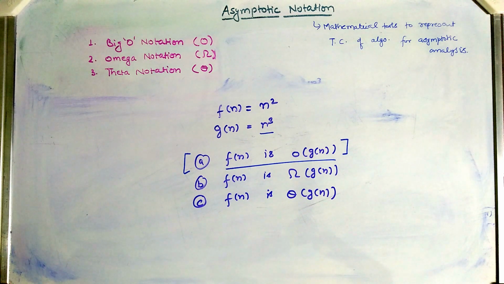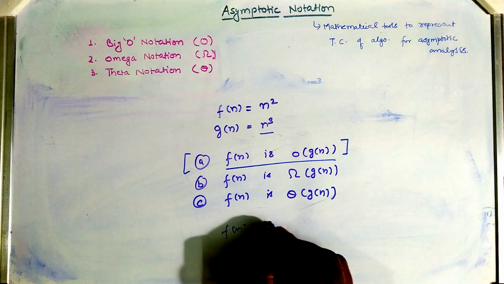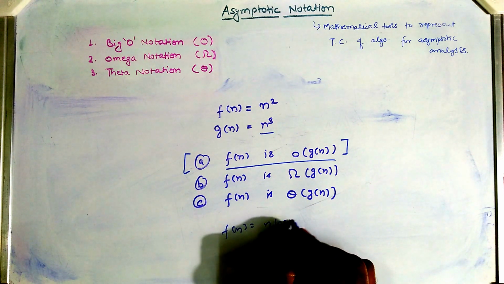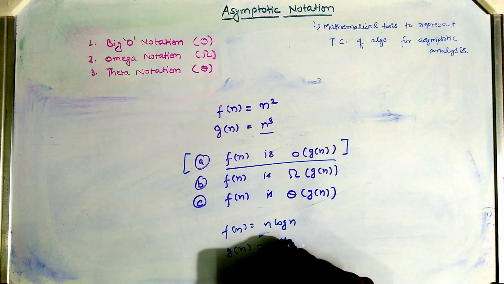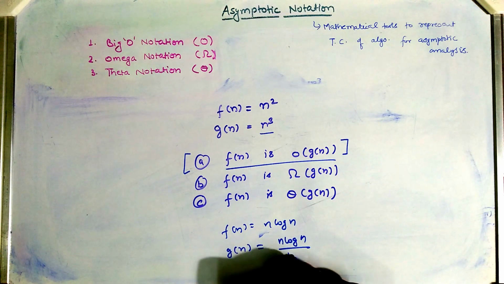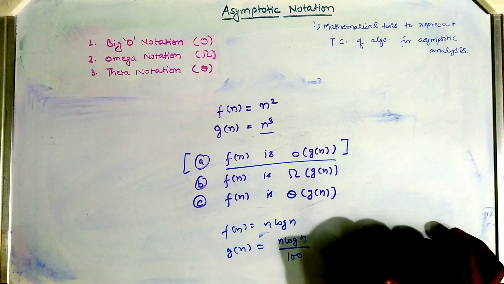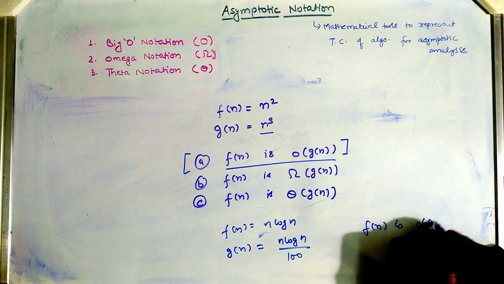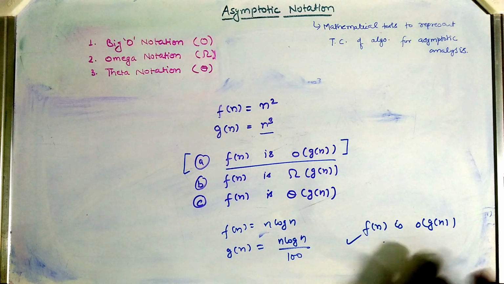Similarly, if some function f(n) is given as n log n, and your g(n) is given as n log n upon 100, can I say that f(n) is order of g(n)? Yes, I can say that f(n) is order of g(n).